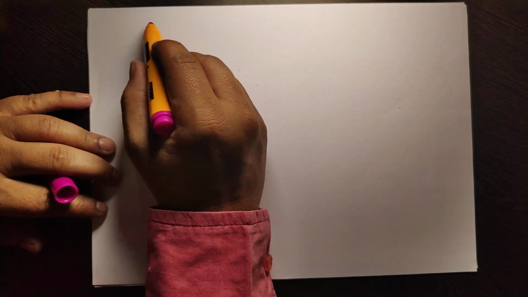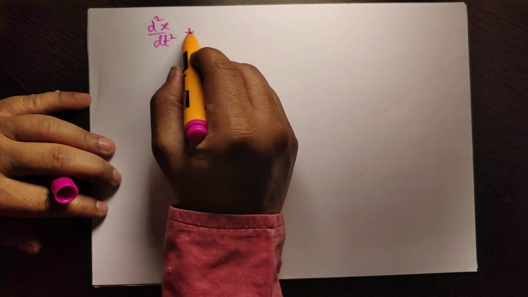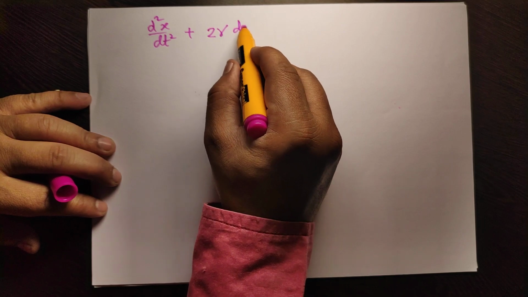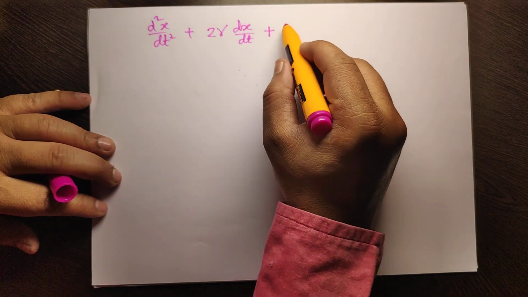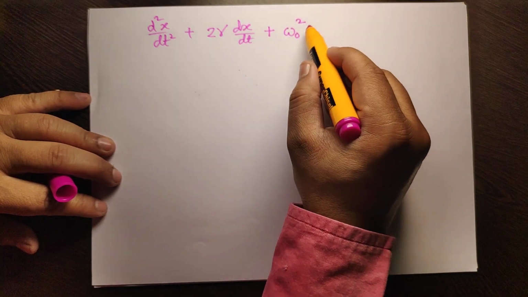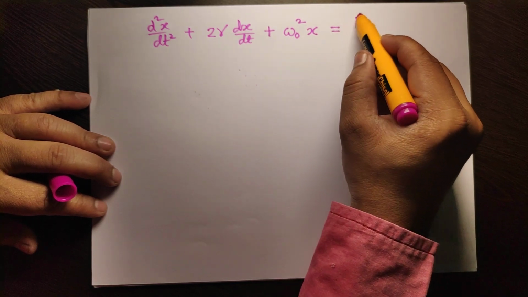So, let us write the equation again: d2x dt2 plus 2 gamma dx by dt plus omega naught square x, where omega naught square is k by m, the natural frequency, you remember, equal to F naught by m cos omega t.